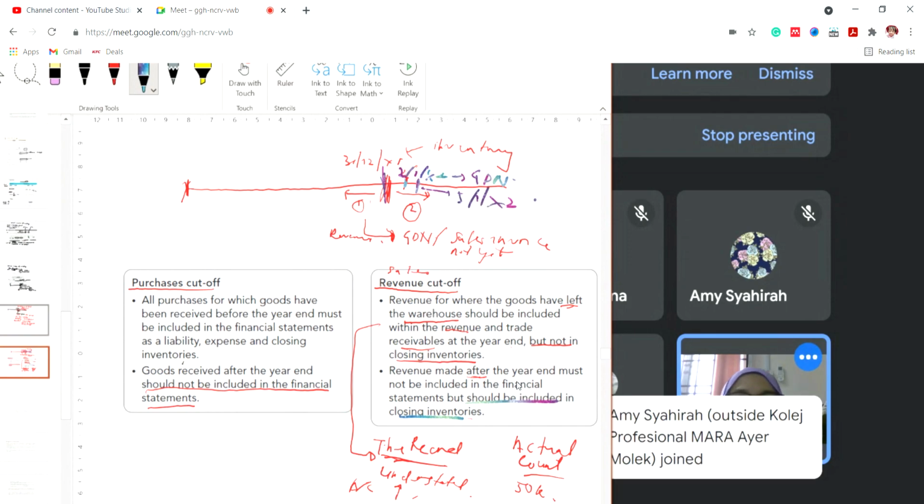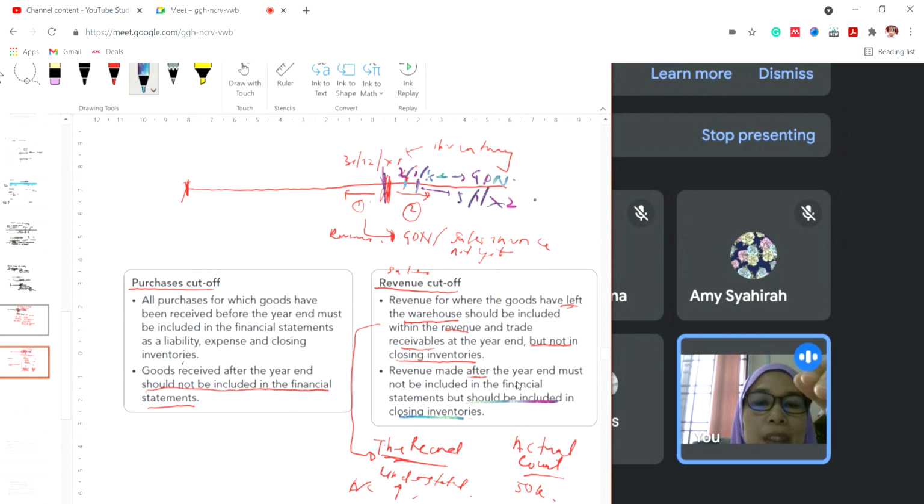Sebab itu masa kita belajar the first 1 year semalam, the length of time from the year end to the actual count day will give factors to the reliability of the counting of inventory. Itu faktor-faktor yang you kena tengok lah when you perform the cut-off test.